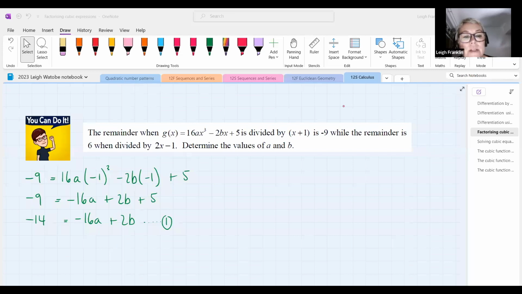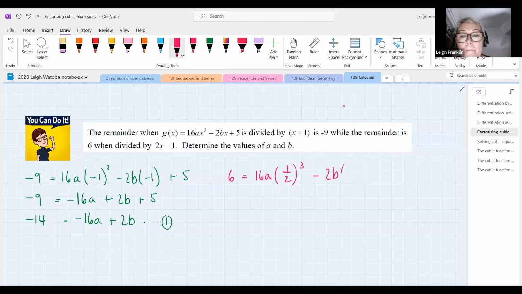Okay, so 6 would be equal to 16a when I sub in 1 over 2. Nice. There you go. All right, so that's going to give us 6 is equal to 2a minus b plus 5.